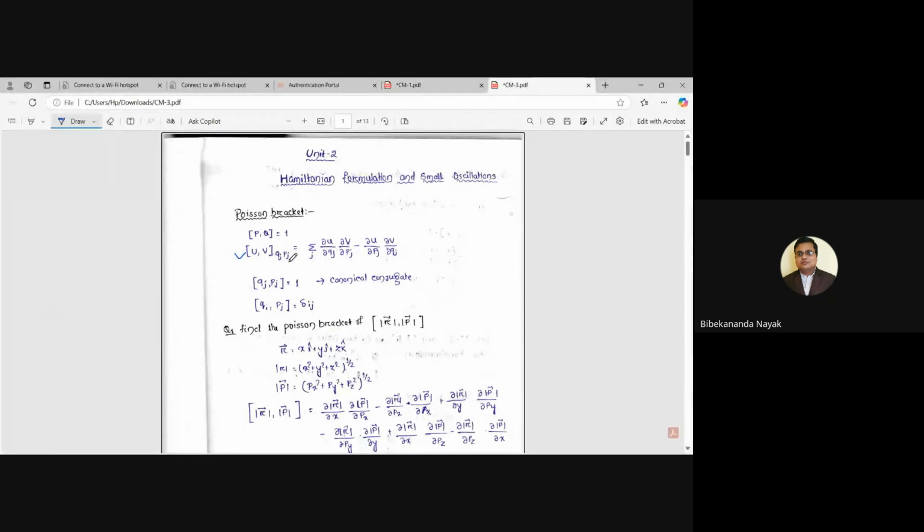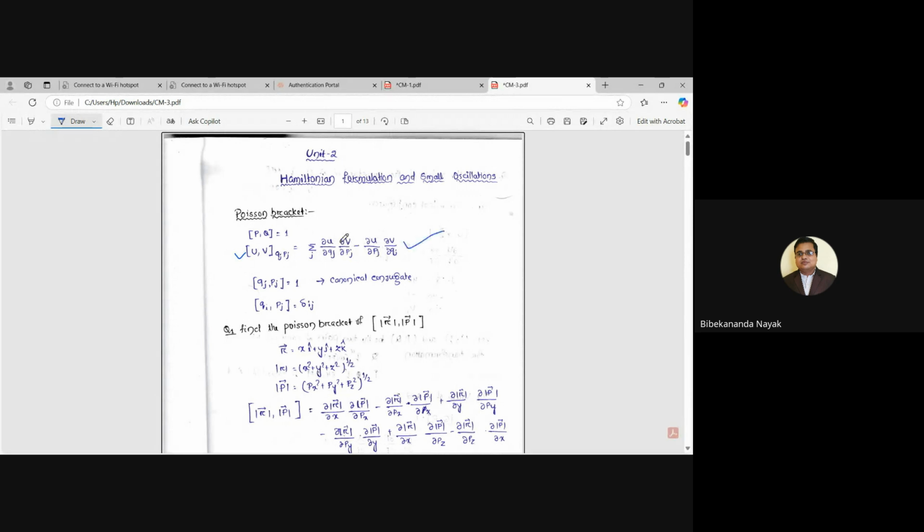If one variable, then del u by del q, del v by del p. If there are many variables, summed over j, del u by del qj into del v by del pj minus del u by del pj into del v by del qj. Which comes first: u v Poisson bracket will be summed over j del u by del qj into del v by del pj minus del u by del pj del v by del qj.